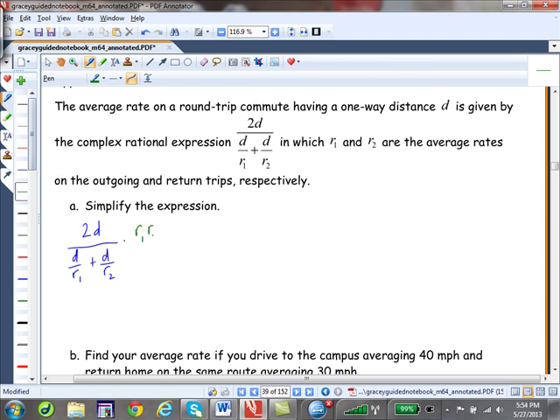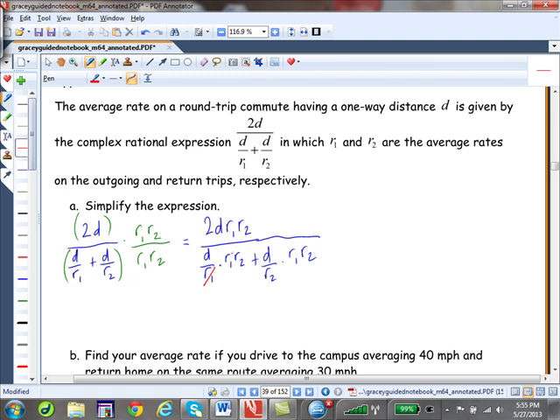So if I multiply both by r1 times r2, we will have 2 times d times r1 times r2 over d over r1 times r1 times r2 plus d over r2 times r1 times r2.